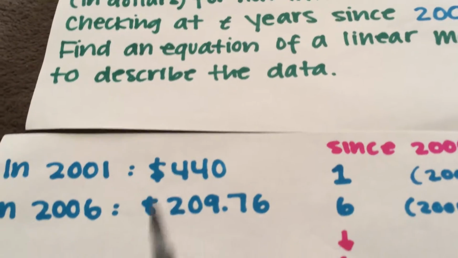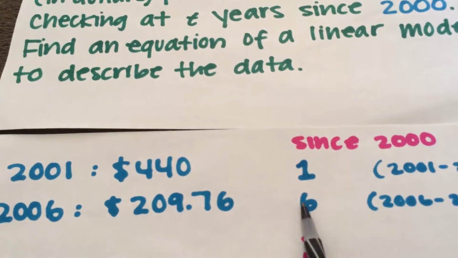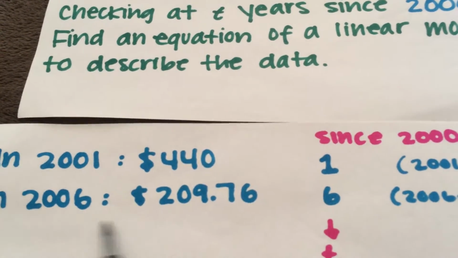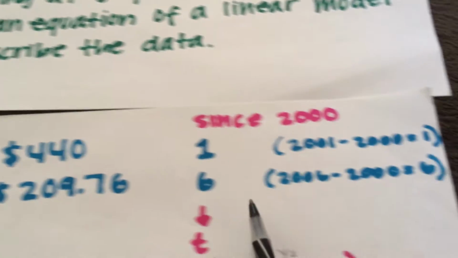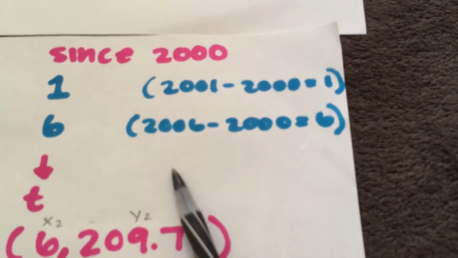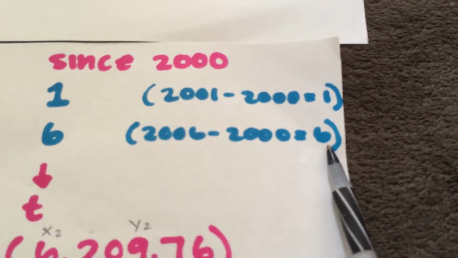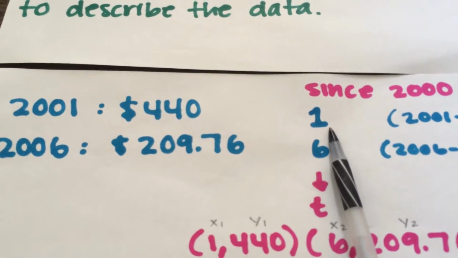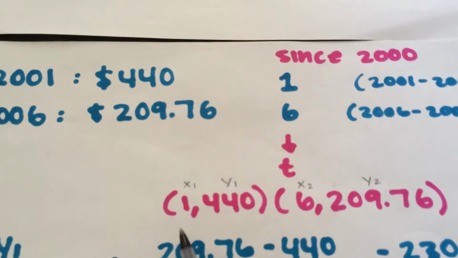Since the year 2000, 2001 has been 1 year, and 2006 has been 6 years. We could find this as 2001 minus 2000 equals 1, and 2006 minus 2000 equals 6. So these will be the 2 points that we're going to use.